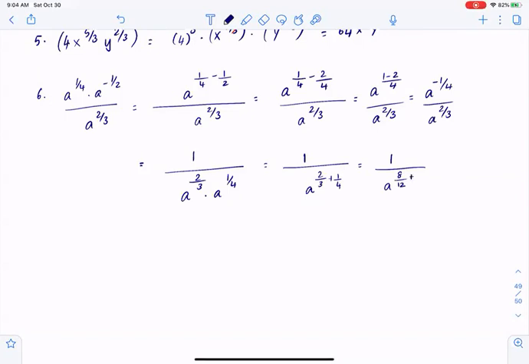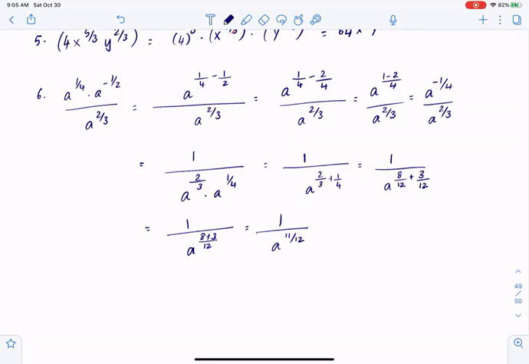Multiply and divide 1 over 4 by 3. 1 times 3 is 3. 4 times 3 is 12. Now we have a common denominator of 12. So we'll have 1 divided by a, raise the common denominator, and combine the numerators. So the answer is 1 divided by a raised to 11 over 12.